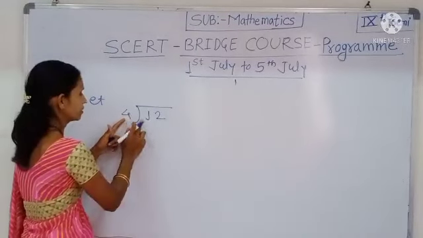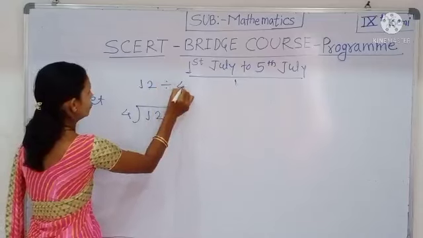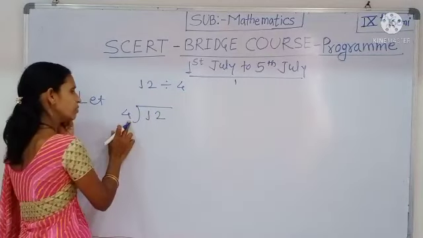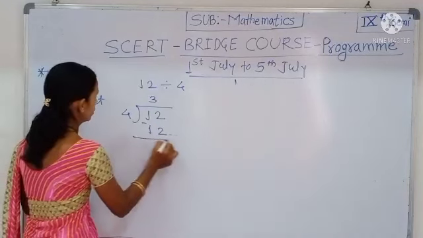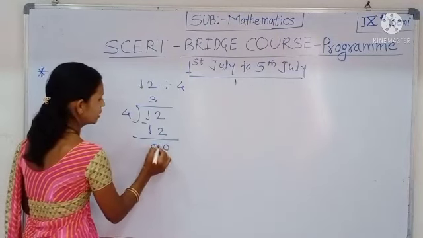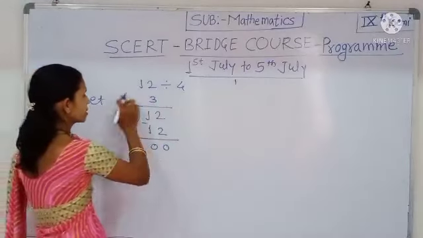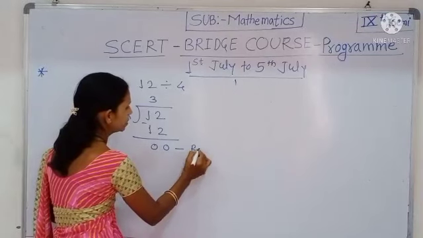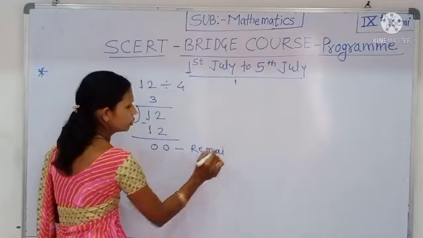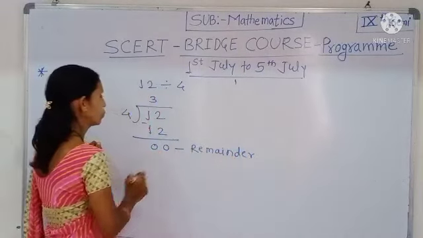See here, 12 divided by 4. Then 4 3s are 12. Then here 0 is remaining. Therefore in this example, the remainder is 0.